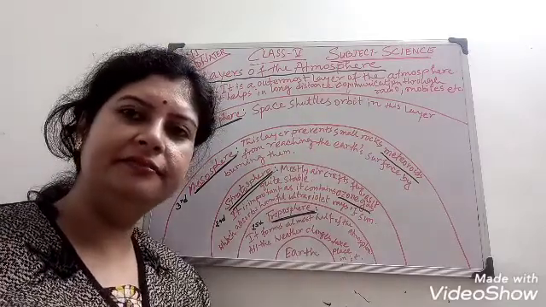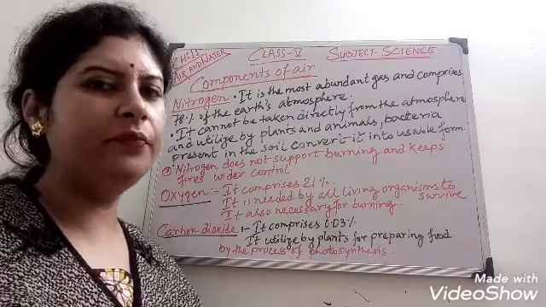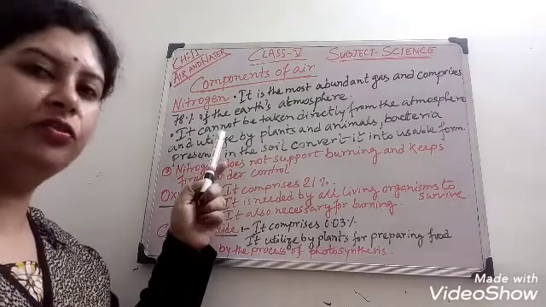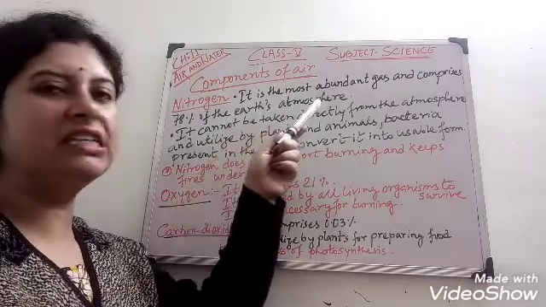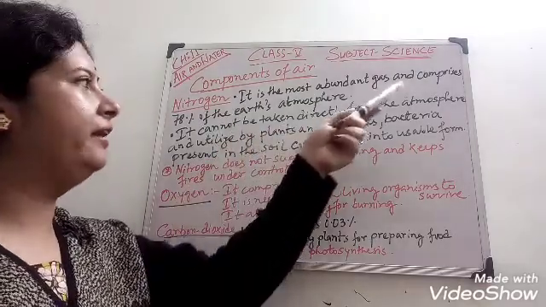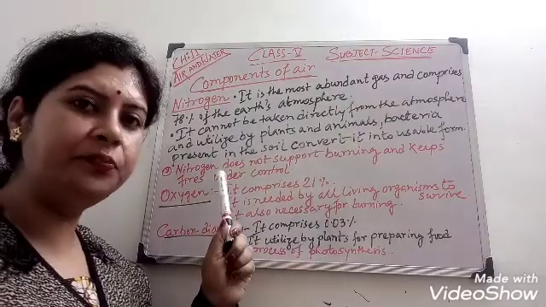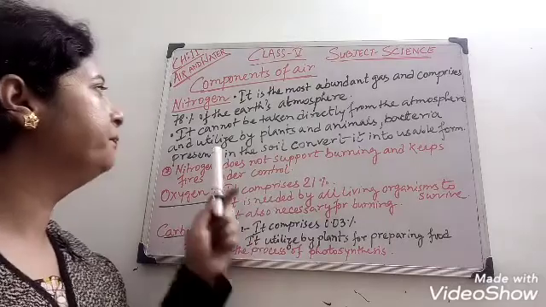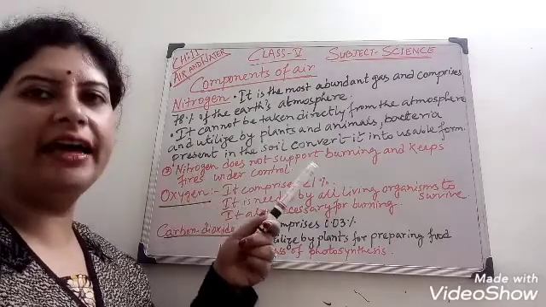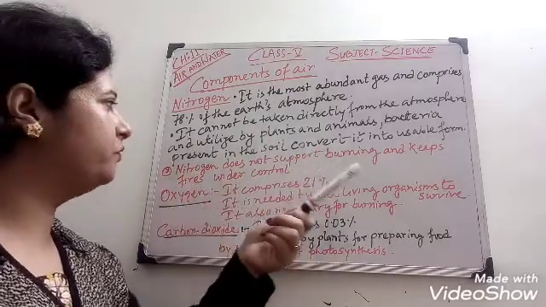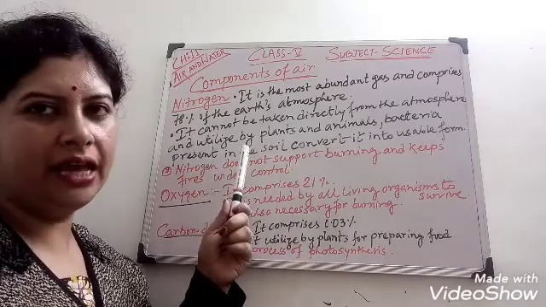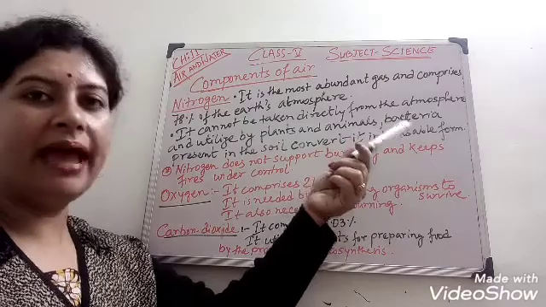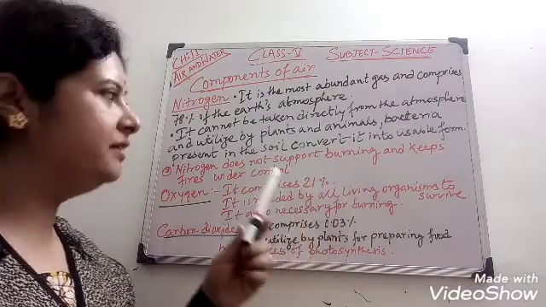Clear, children? Now our next topic is components of air. First, nitrogen. It is the most abundant gas and comprises 78% of the Earth's atmosphere. It cannot be taken directly from the atmosphere and utilized by plants and animals. Only bacteria can take it.